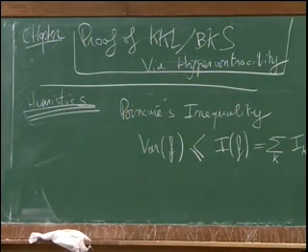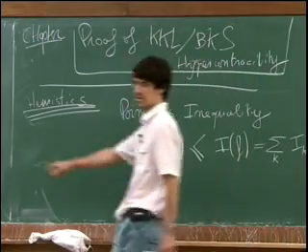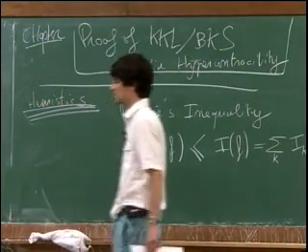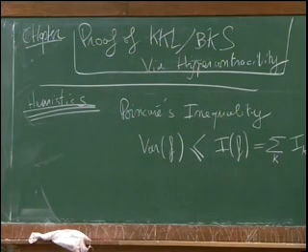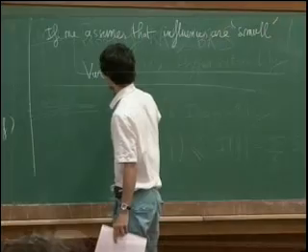Now what does this theorem here say? It says the following. If one assumes that influences are small, then in fact you can improve on the Poincaré inequality as follows.